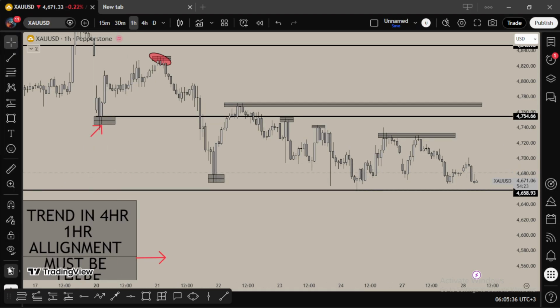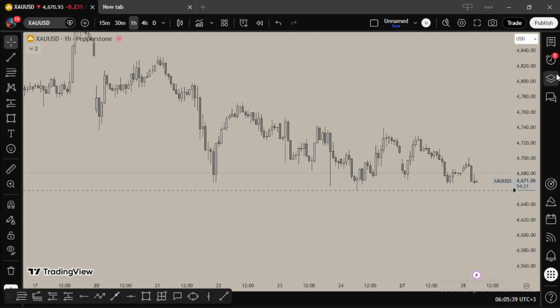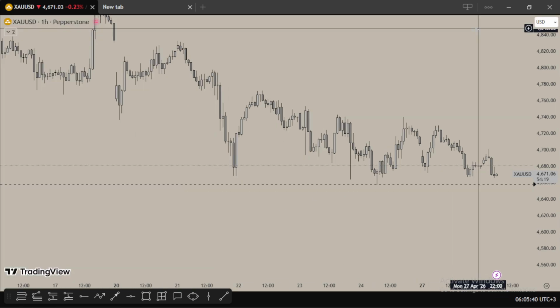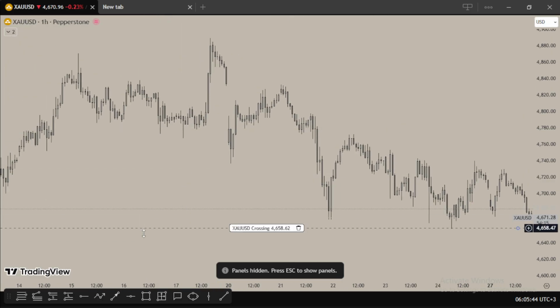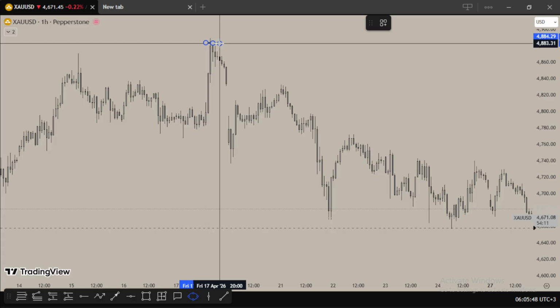Okay, so in this situation we are going to delete everything, and we are going to do a full-blown analysis on gold. So the first thing you want to notice is the highs. The highs are the levels where we have sellers.